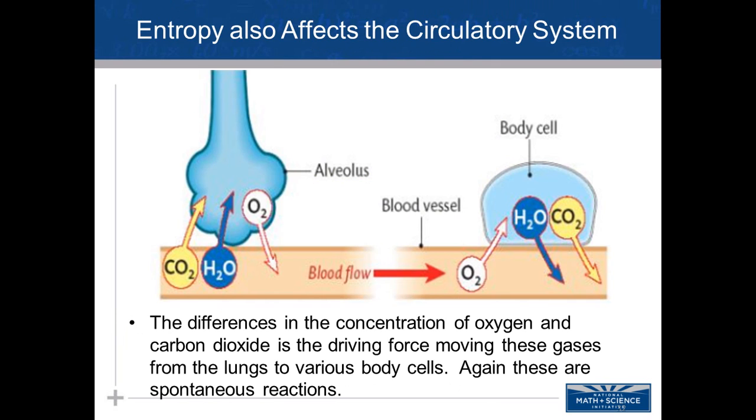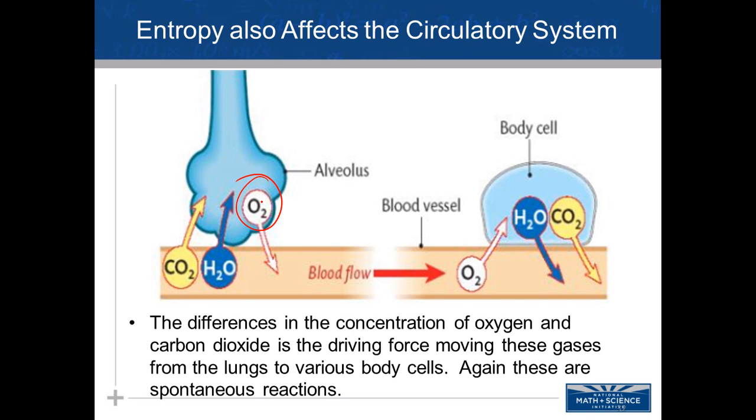The example that I'd like to talk about has to do with moving gases throughout your body. Inside the lungs, in your alveoli, you're going to have more oxygen than you do in the blood. Due to entropy, we have more free energy here in the alveolus than we do in the blood.